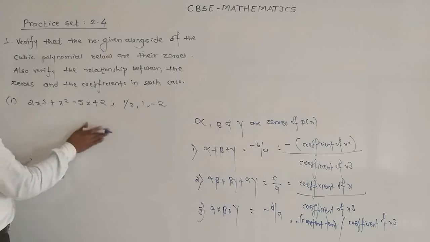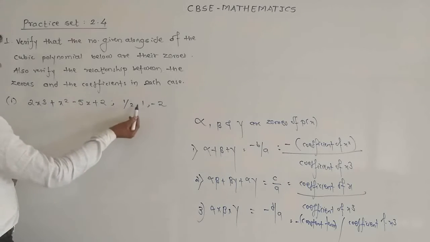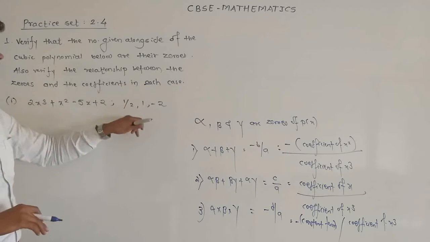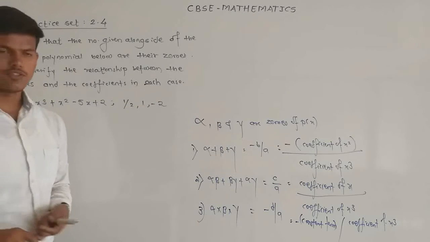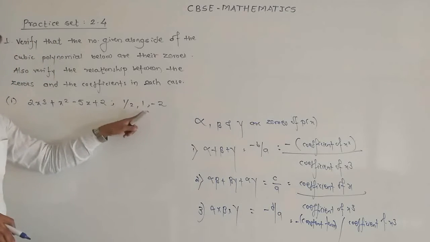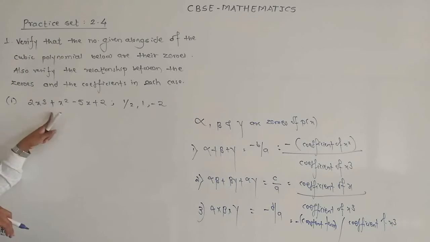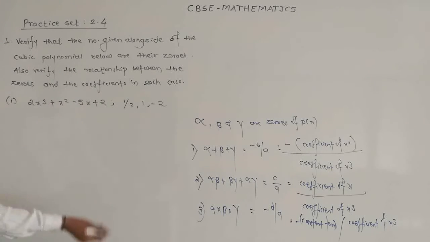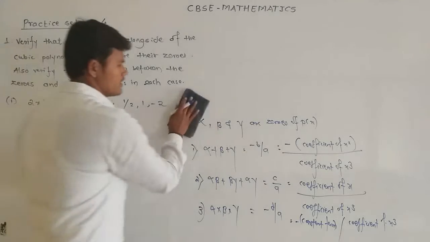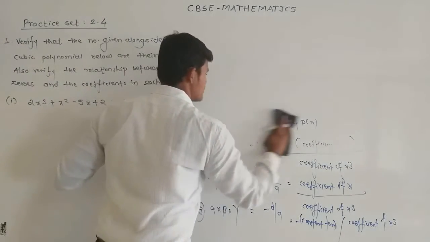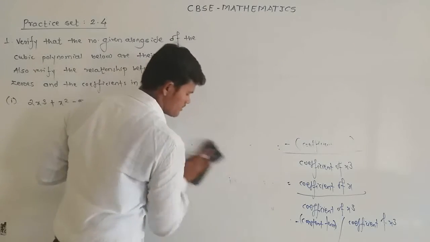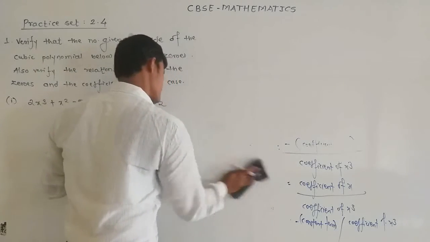Before that, we have to verify 1 by 2, 1 and minus 2 are their zeros. If after putting 1 by 2, 1 and minus 2, the value of the given polynomial is 0, then the given values are the zeros of the polynomial. So first of all, we verify that the given values are zeros of the given polynomial, and then we'll see the relationship between them.